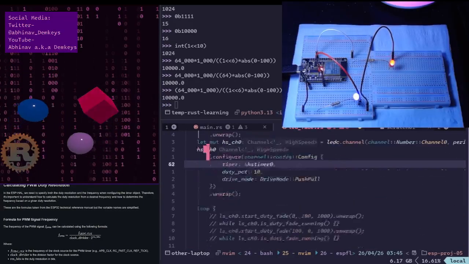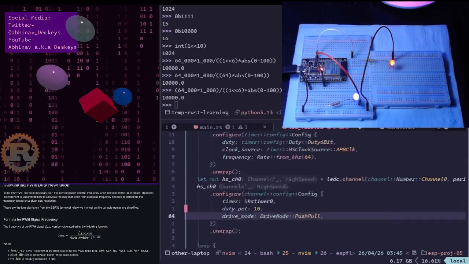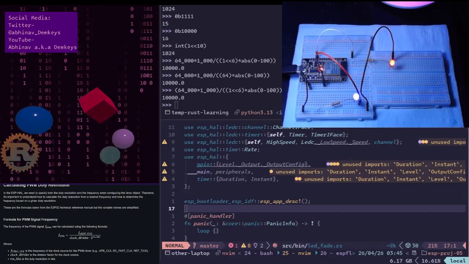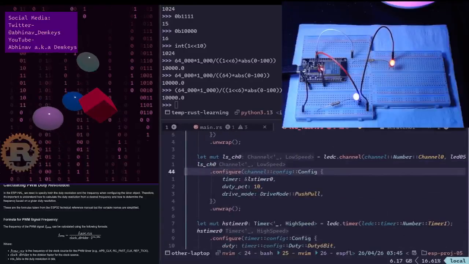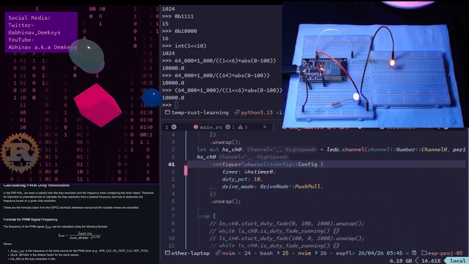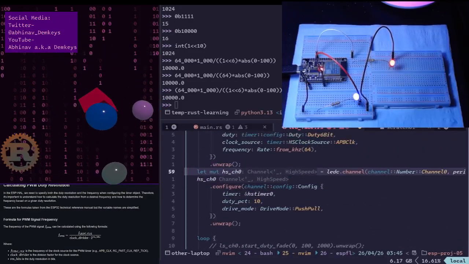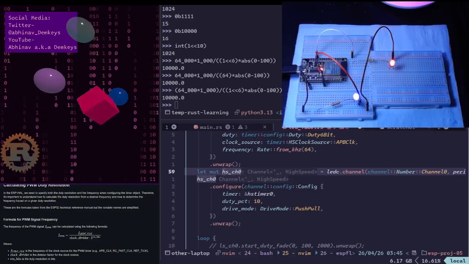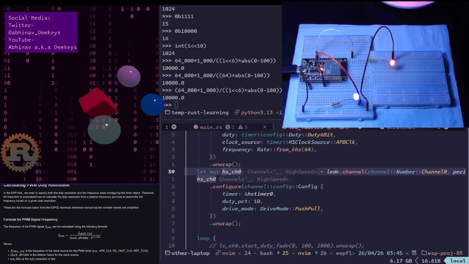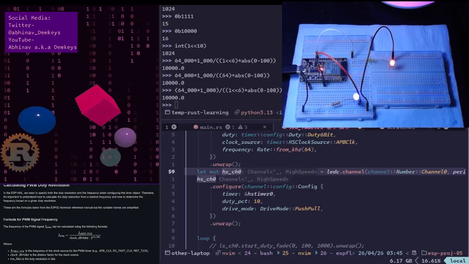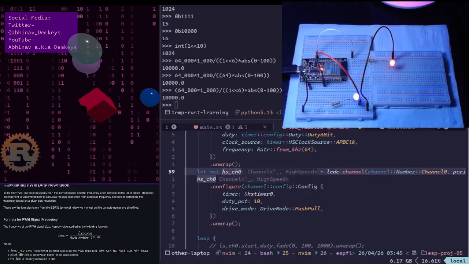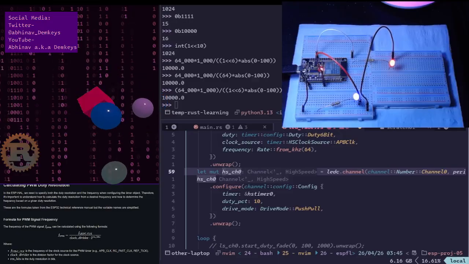No, it's under channel. Channel, iFace, okay. Low speed channel, high speed channel. This is a channel. All right. In here, I'm going to try and search for start_duty_fade. All right, start a duty fade.